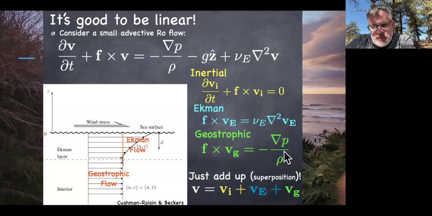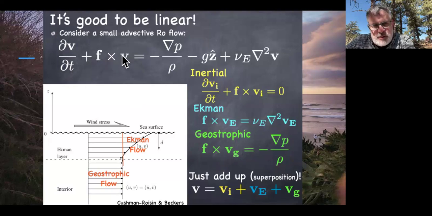The geostrophic flow, assuming the pressure gradient is staying steady, like we're imagining with these large-scale maps, is also steady. So there's no time derivative of that. So the only time derivative is of the inertial oscillation, which conveniently balances the inertial oscillation part of the Coriolis term.